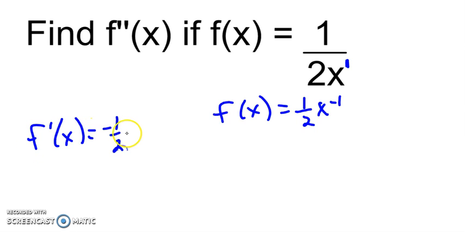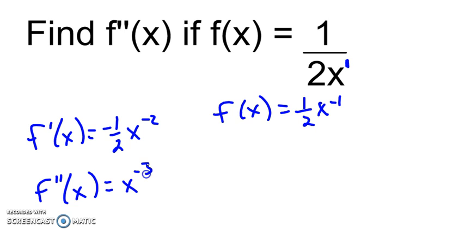It would be negative half x. Decrease that exponent by 1. And then again, we're going to take the second derivative, so follow our power rules again. Multiply. So here we get negative 2 times a half, which is going to be positive 1. Decrease the exponent by 1.